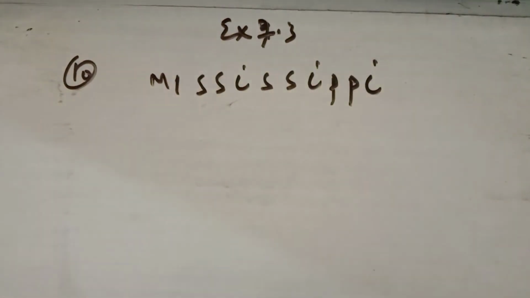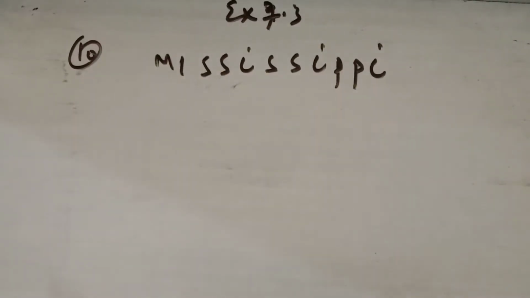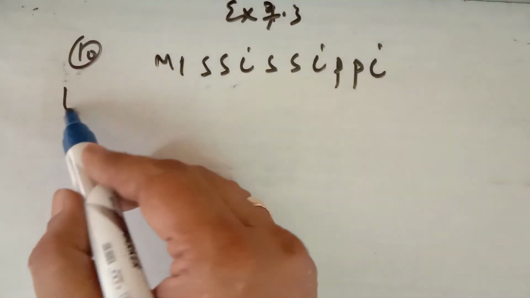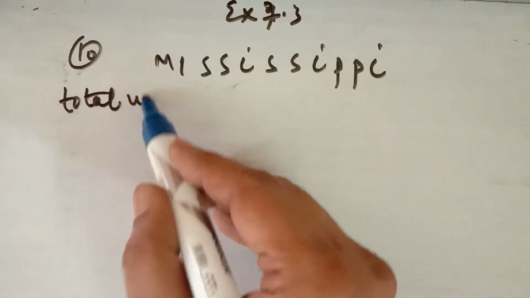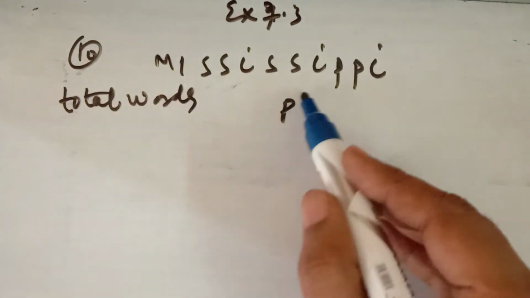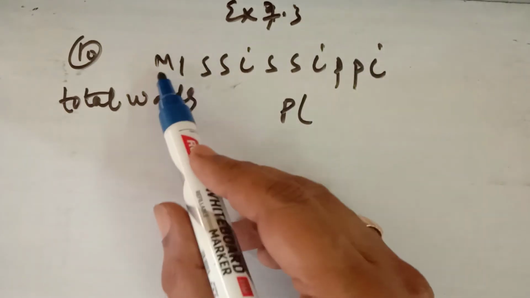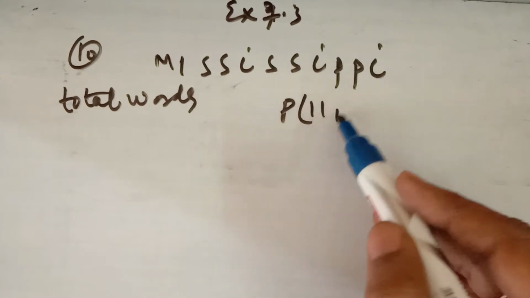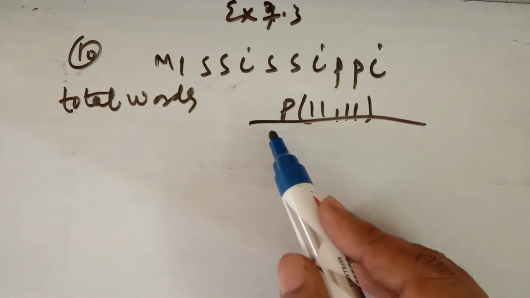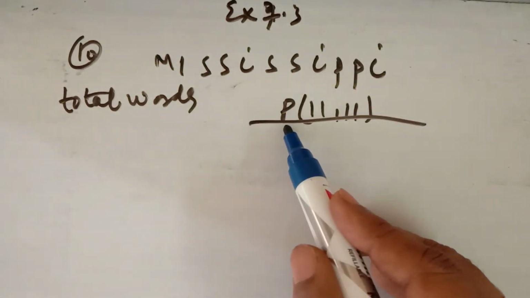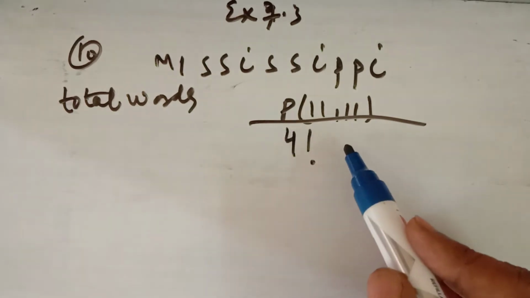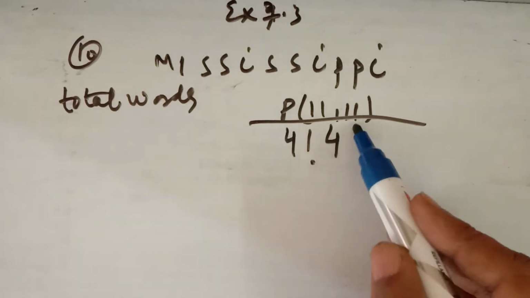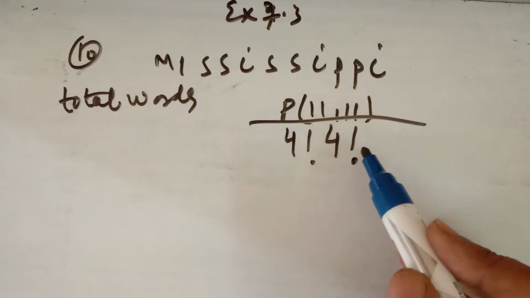In this, you have to find how many words there are in which all I's are never together. तो पहले आप total words निकाल लीजिए इसके. How many total words can you make by using the word Mississippi? How many alphabets are there? 1, 2, 3, 4, 5, 6, 7, 8, 9, 10, 11. Arrange them. Now in this, S is repeating 4 times, so you have to divide by factorial 4. I is repeating 4 times, so divide by factorial 4.